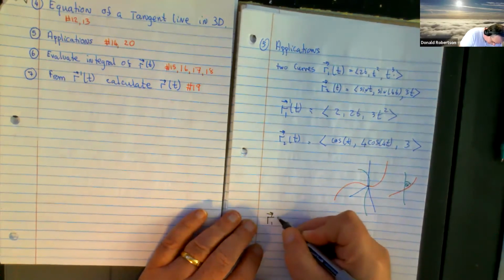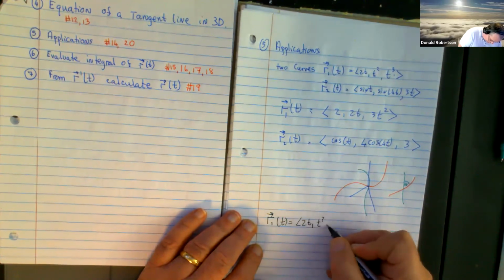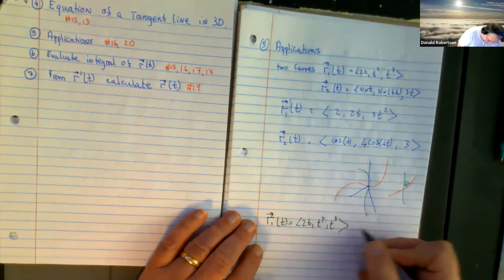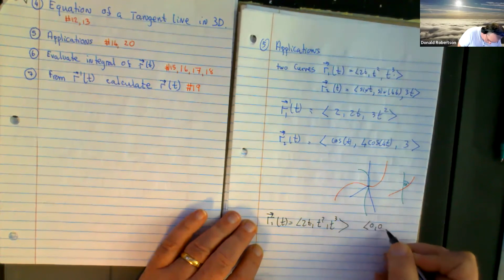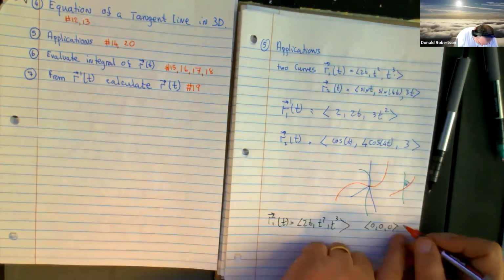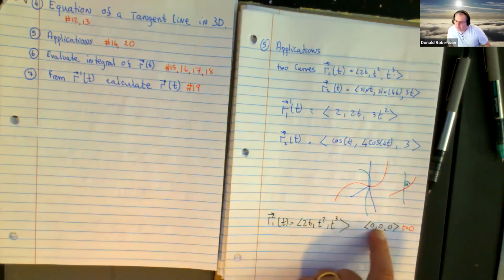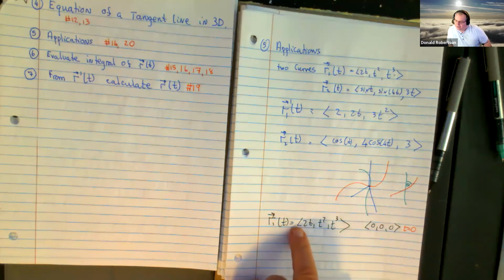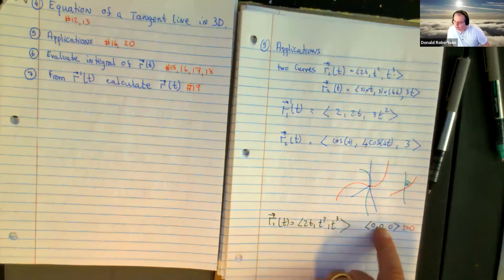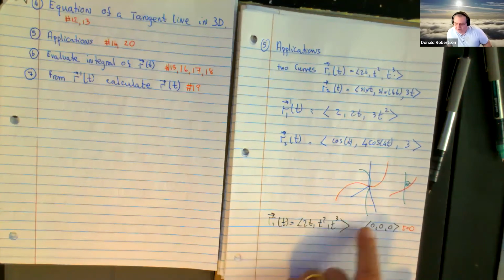If the original function, which is 2t, t squared and t cubed, is at the origin, would you agree that means that for this guy, t equals 0? What value of t would make that become the origin? These are what's called position vectors. They're essentially coordinates.